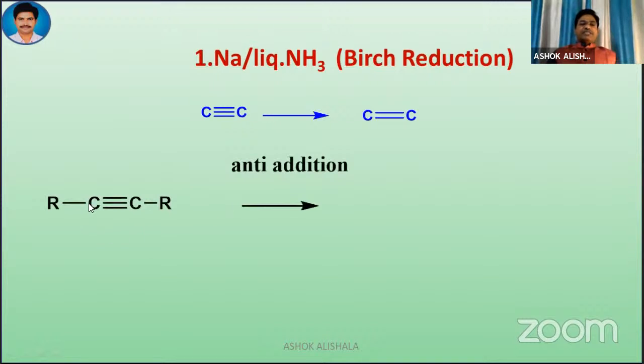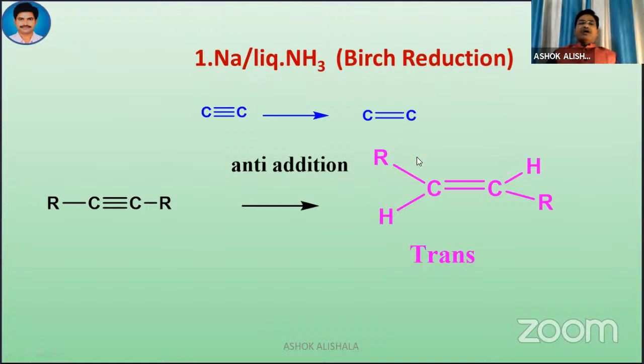See what happens here. When a triple bonded compound undergoes this reduction with sodium in the presence of liquid ammonia, anti-addition takes place. That means you will get a trans product. It is a partial reduction, and in the presence of sodium in liquid ammonia, the product is trans.